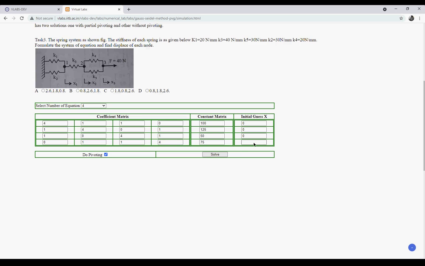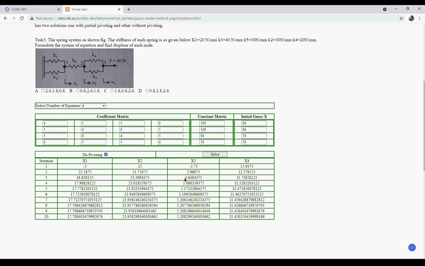Here, the initial guess I will specify. So what I will do, I will say 50 as usual, and then I have assumed this to be 70 and this to be 70. Okay, and I can hit solve.